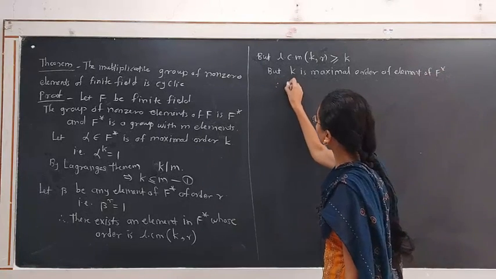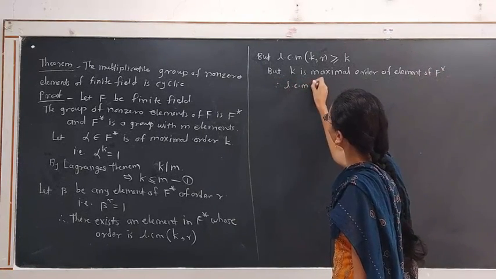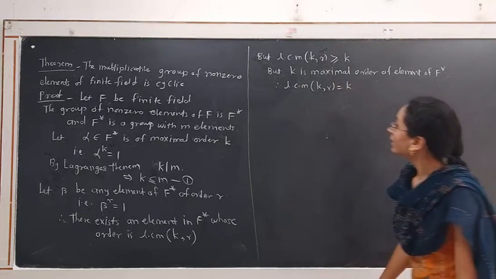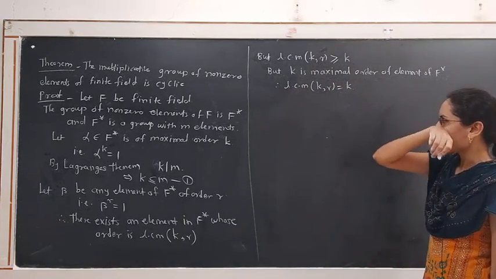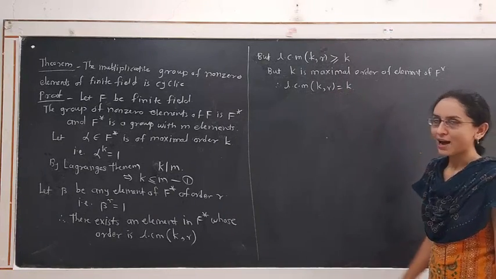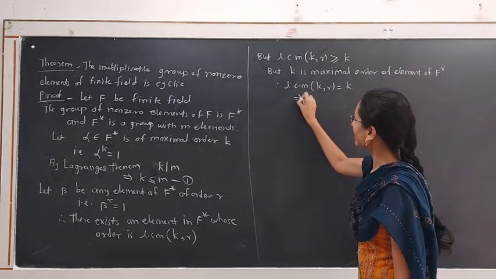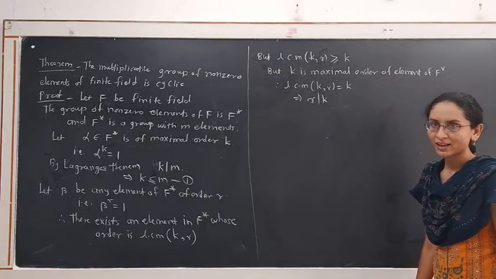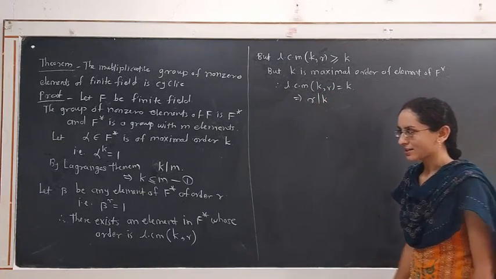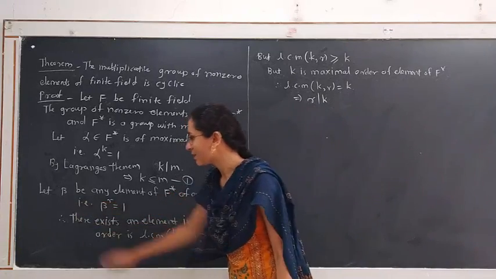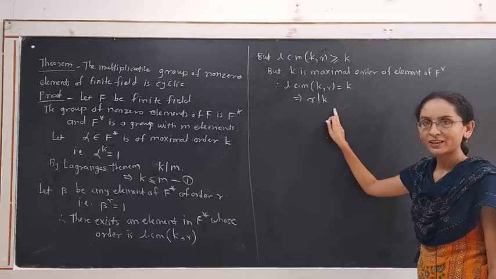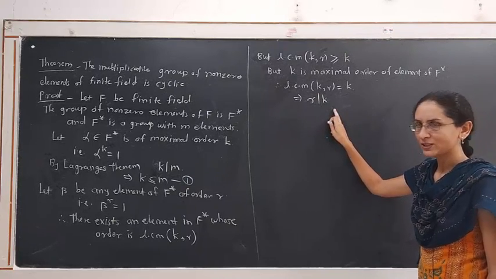Therefore, the least common multiple of K and R should equal K. As the least common multiple of K and R is K, this implies R is a divisor of K. R divides K. What is R? R is the order of the element beta, and the order of beta is a divisor of K. Therefore, beta raised to K is also 1.